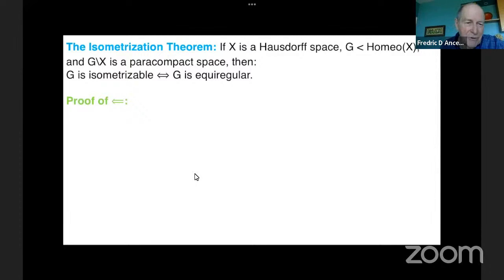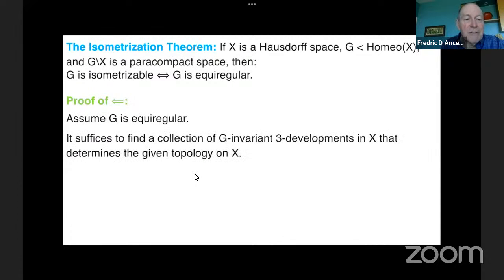If I assume the group is equiregular, then it suffices to find a collection of G invariant 3 developments that determine the topology, because then you use the Alexandrov-Urysohn technique to get infinity gauges, which you can then decapitate to get a gauge structure, a G invariant gauge structure. The point is that the lemma I just stated and proved gives me such a collection. So this is fairly straightforward, given the key lemma.